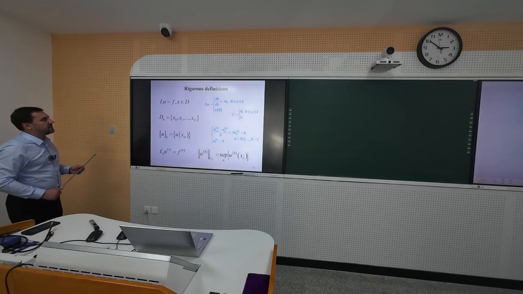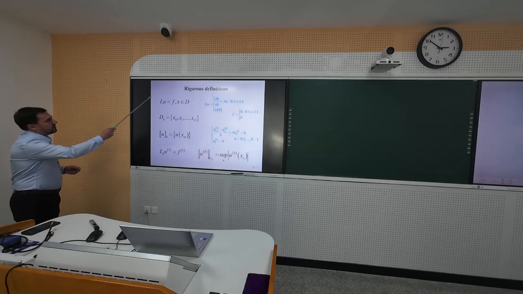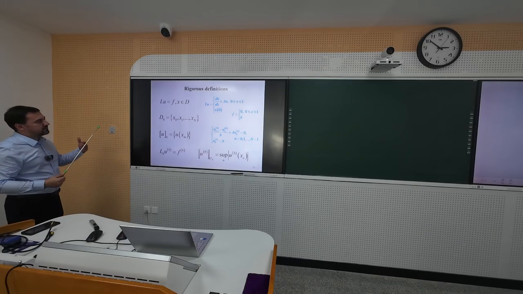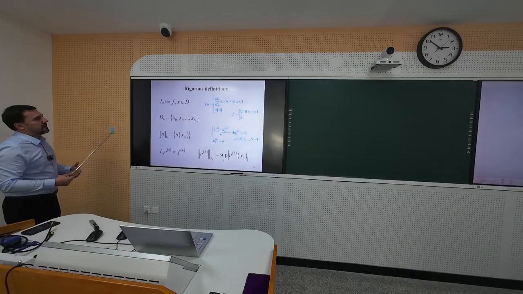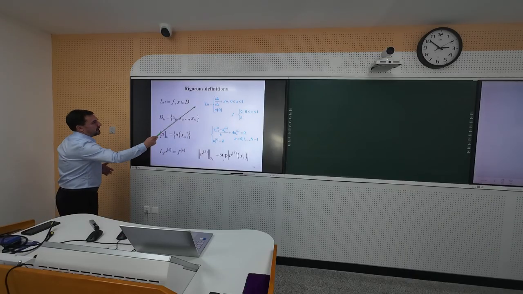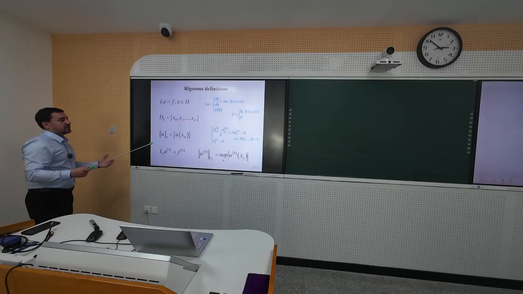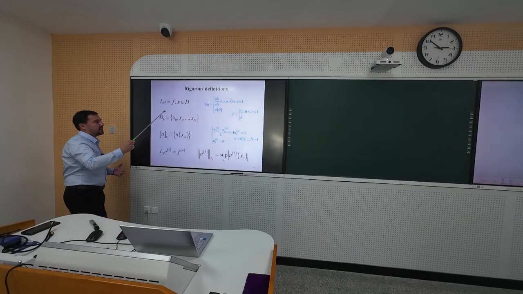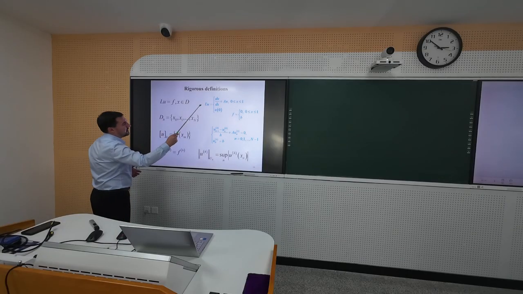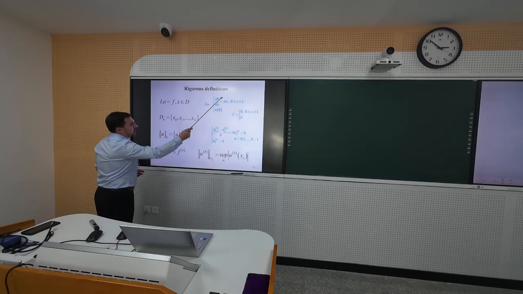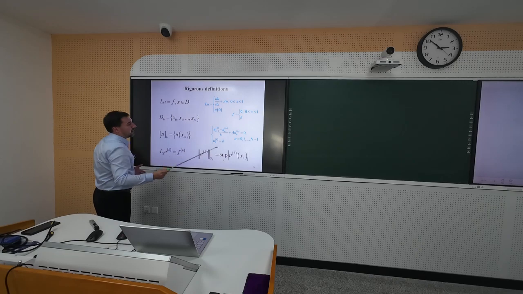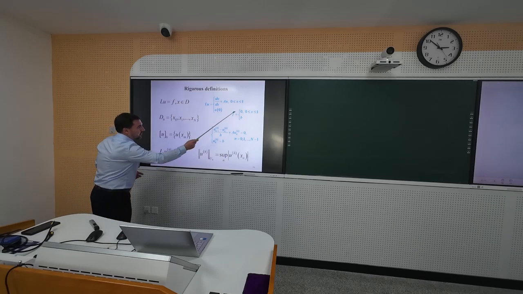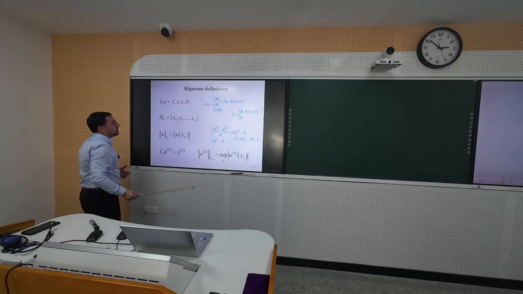So in this theory, we should define: let Lu equals f denote our initial differential problem. L is a differential operator, just an abbreviation. For the problem under consideration, Lu is our equation together with the initial conditions, and f is 0 and the initial data.